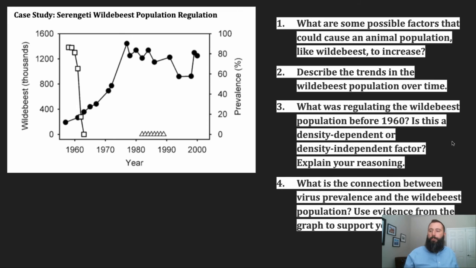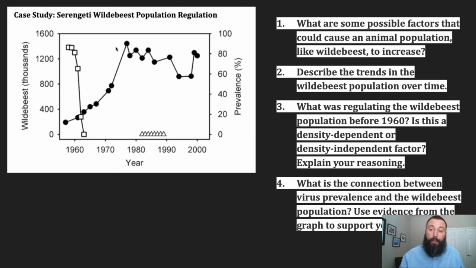Question 4, what is the connection between virus prevalence and wildebeest population? Use the evidence in the graph to support your claim. So we're going to talk about a relationship here, right? So we're going to talk about both of these lines here. As the prevalence of the rinderpest infections decreased, the population of the wildebeest increased.